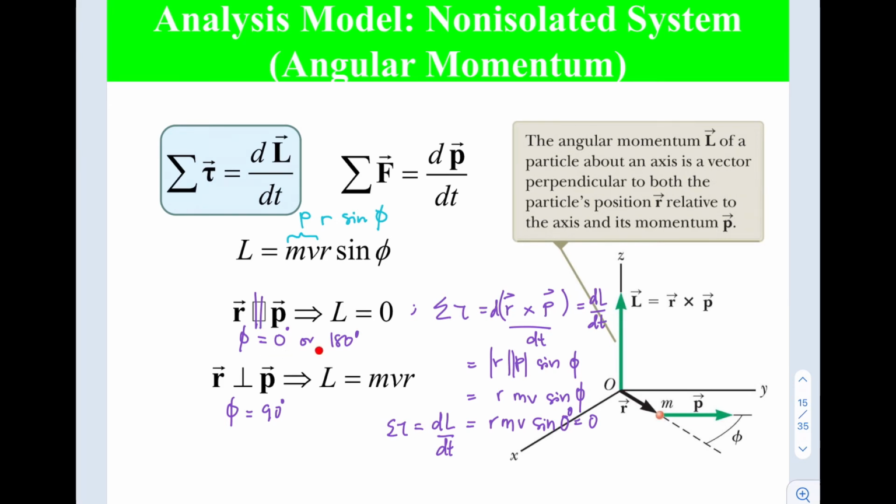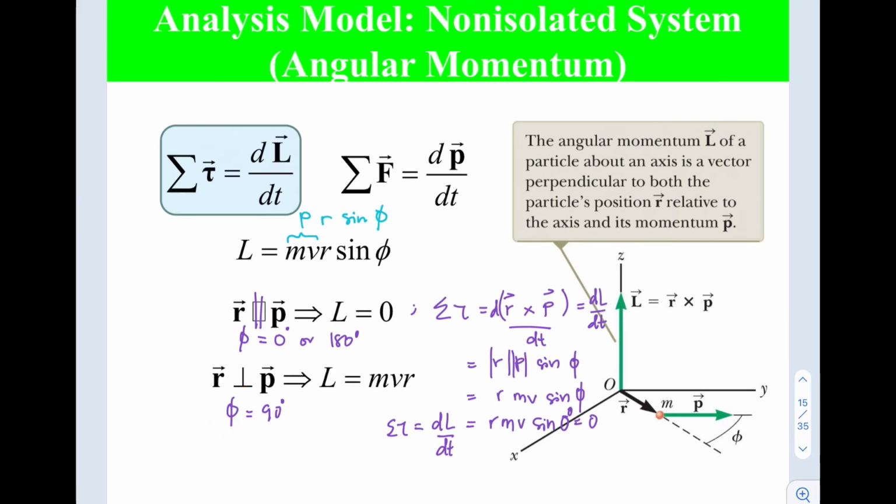Whenever R and P are parallel, meaning the angle is 0, or anti-parallel, meaning the angle is 180 degrees, angular momentum is going to be 0, because sin 0 or sin 180 degrees gives us 0.